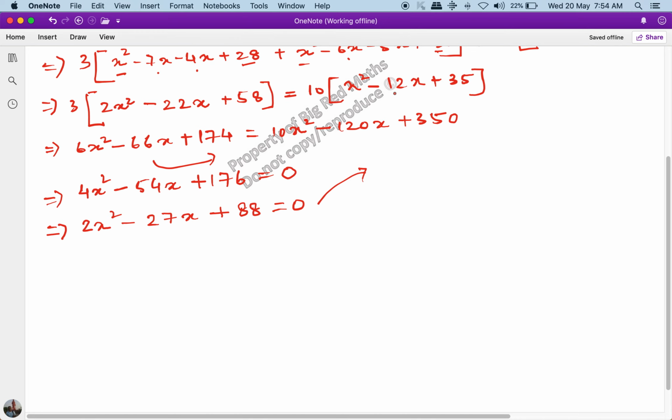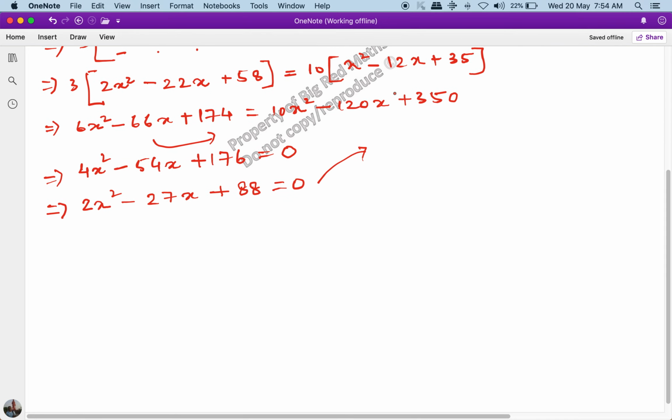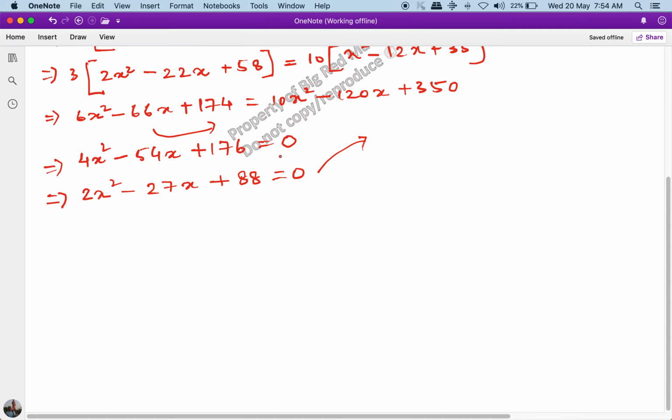So after doing so much simplification and calculation, this is the small quadratic equation that you have to solve. Basically you have to find two numbers whose product is 88 into 2, which is 176, and whose sum is minus 27.